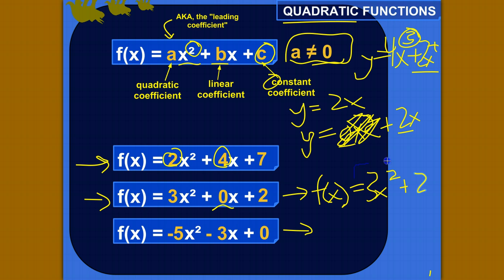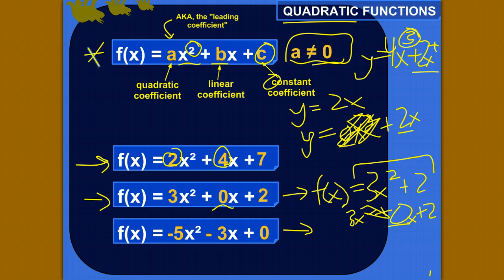So if you get something like this, you might think, oh, there's no linear coefficient here. Well, you can imagine that there's kind of a fake one in there: 3x squared plus 0x plus 2, and so the linear coefficient would be 0. So you can always make it look like this form if you want to.